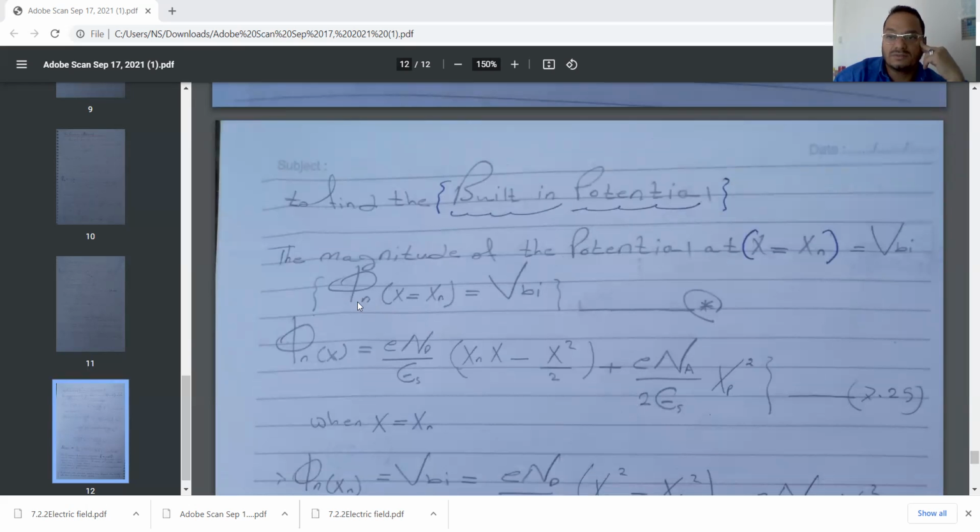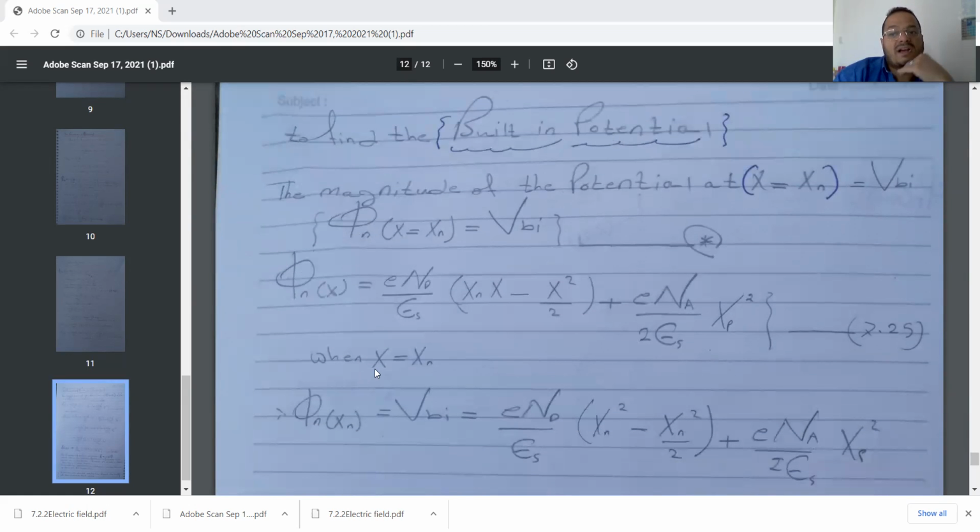When x equals x_n, we are dealing with the same result as the built-in barrier potential, so the potential at the N region at x equals x_n equals the built-in barrier potential. Let's put the original equation here, and then put x_n instead of x. Here, equation 7.25: the donor concentration divided by the permittivity, times the bracket width in the N type times x minus x squared divided by 2, plus the acceptor concentration divided by 2 times the permittivity, times the width in the P region squared.